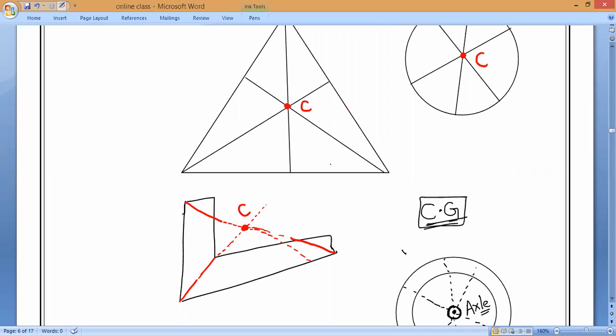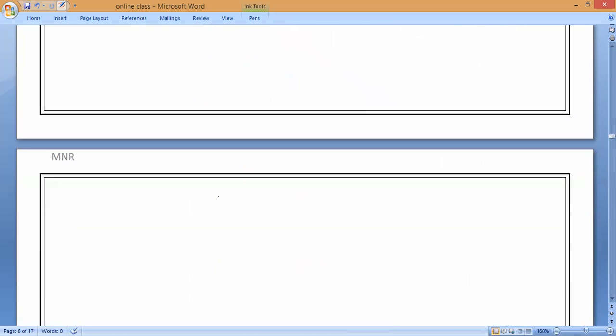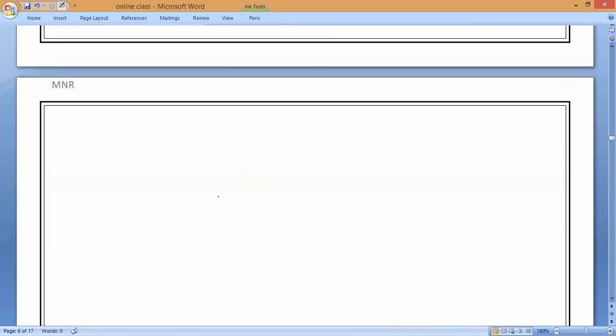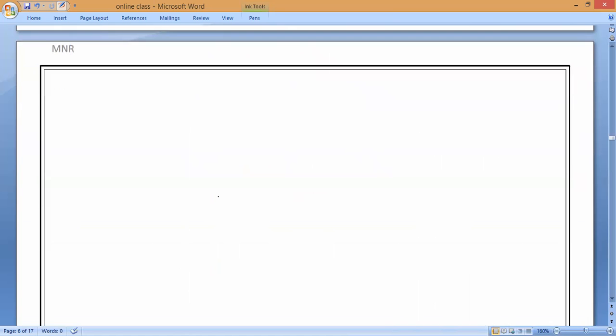Now let us come to here. As we know, we derived the formula for acceleration due to gravity, and we also derived the formulas for mass, weight, and free fall, everything. Now we are going to derive the relation between the weight of an object on the Moon and the weight of an object on Earth.